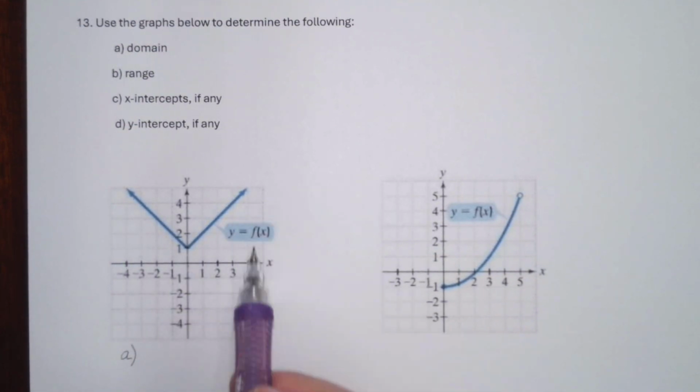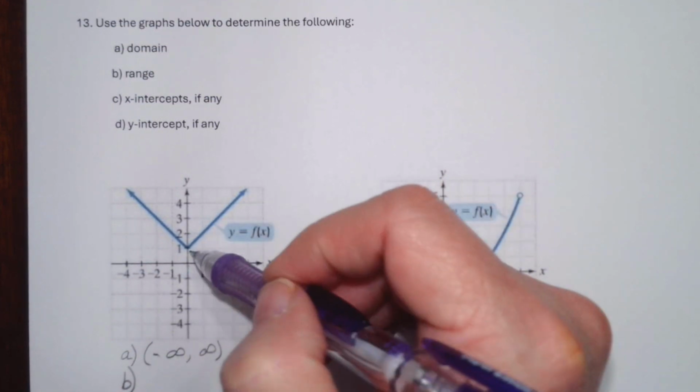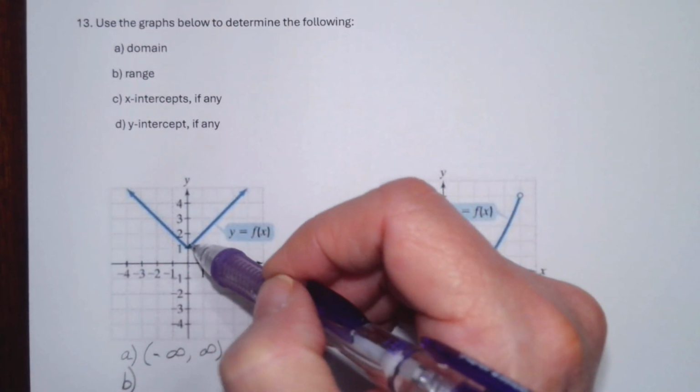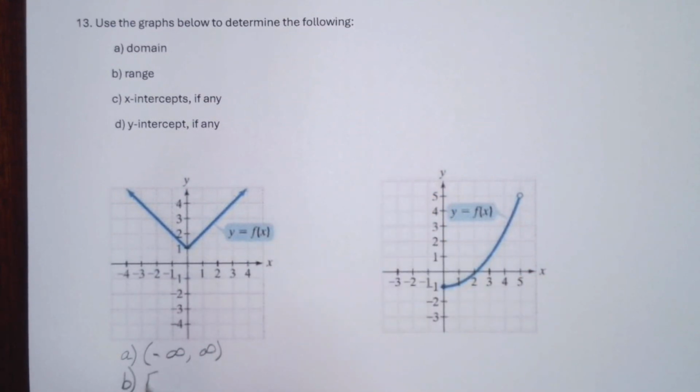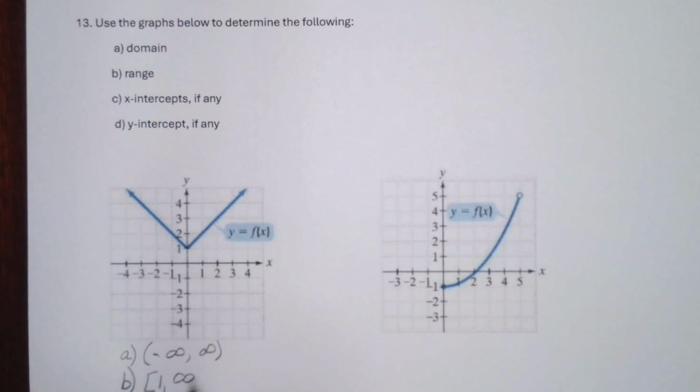I've got an arrow going towards positive infinity and an arrow going to negative infinity. So this is going to be negative infinity to infinity. My range, though, is going to be different because I look along the y-axis, and my y is going to start at 1 and go all the way to positive infinity.